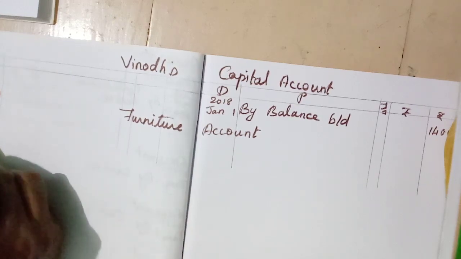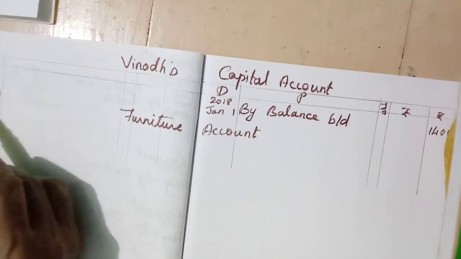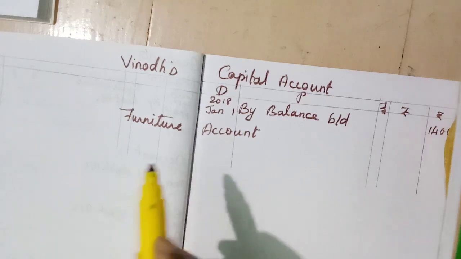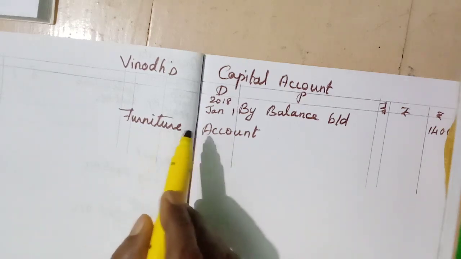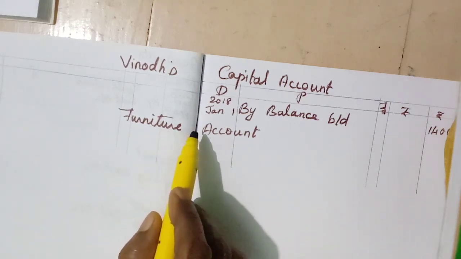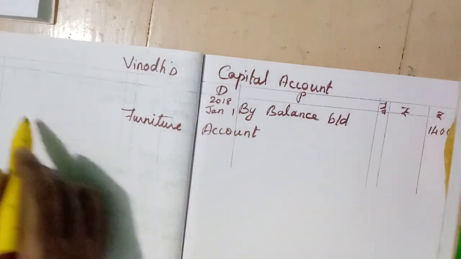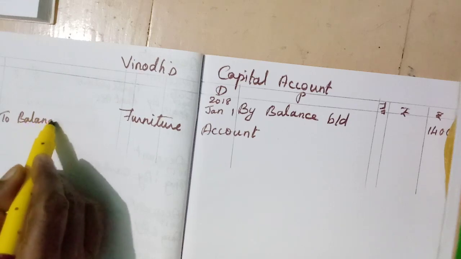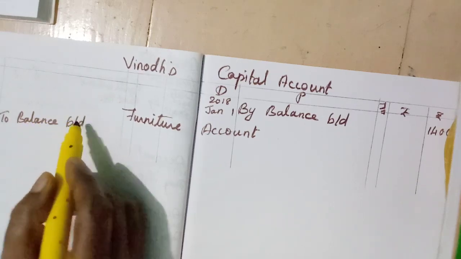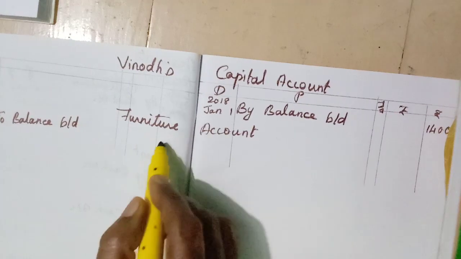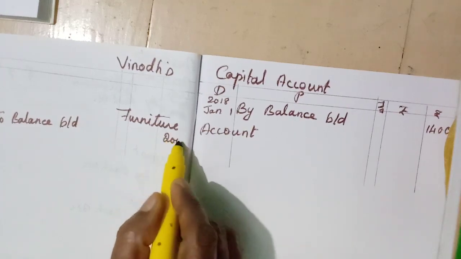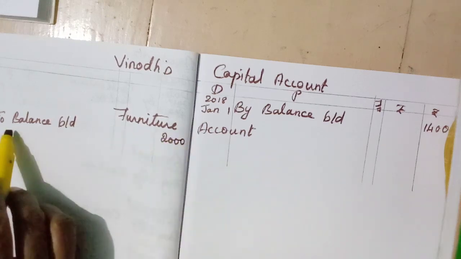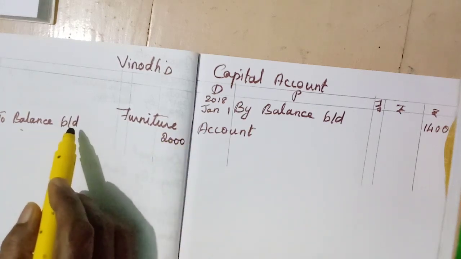Okay, date, particulars, everything. So, furniture, what is the entry you have to do in mind? Furniture account debit. Here, furniture in hand, opening. So, to balance brought down 2,000. Okay, opening. So furniture shows debit balance. So debit side to balance brought down.